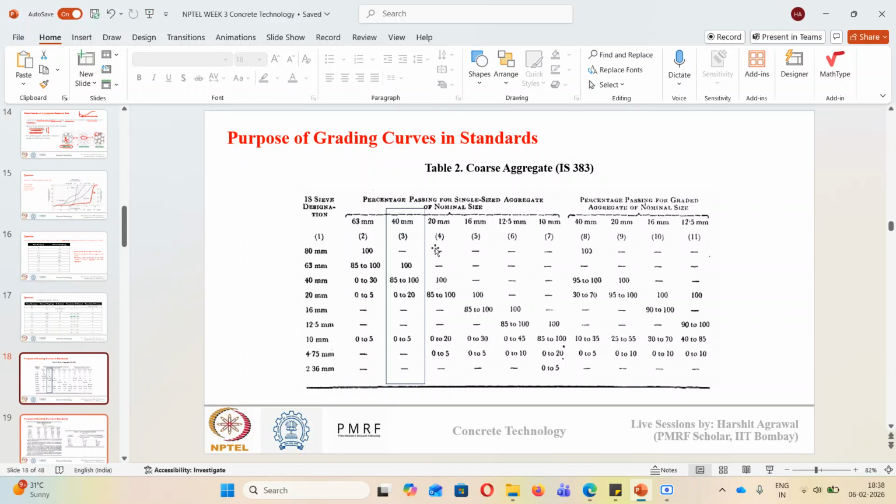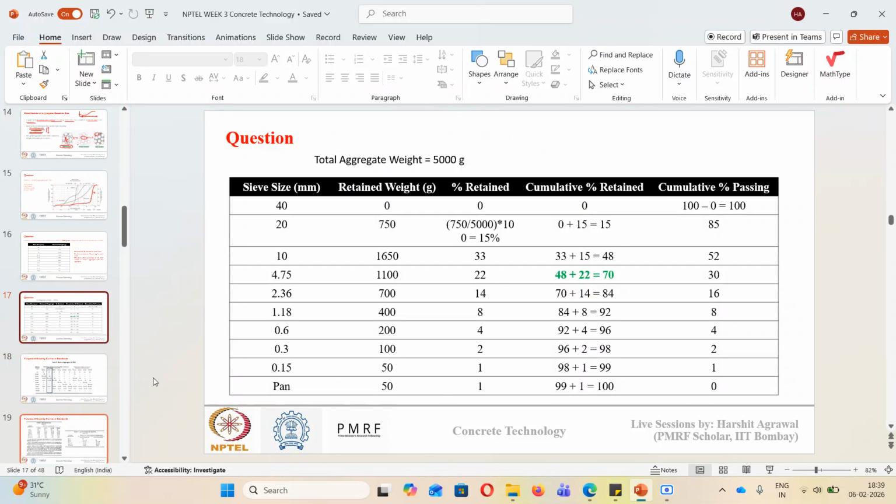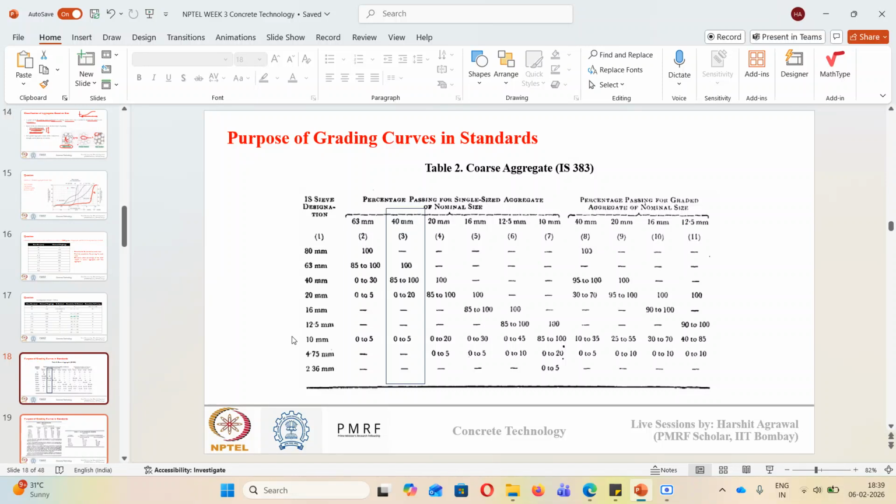For that, the code has given this table. Once we get the cumulative percentage passing, we check with the IS code what values we are getting and what values the code has reported. For uniformly well graded aggregates, the code has reported in this table what the percentage passing should be for each category.